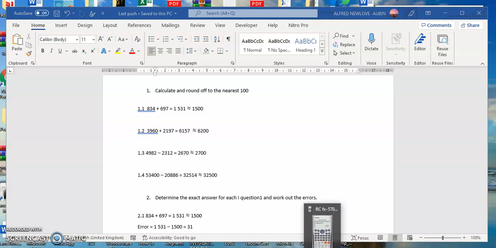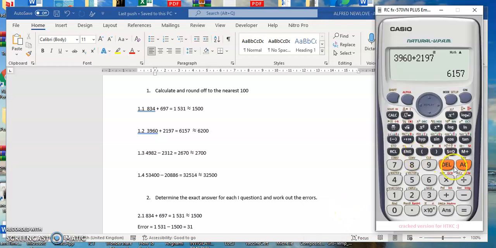The next one is also going to be like this: 4682. So we have 4, 9, it's not 6, 9, 8, 2 minus 2, 3, 1, 2.